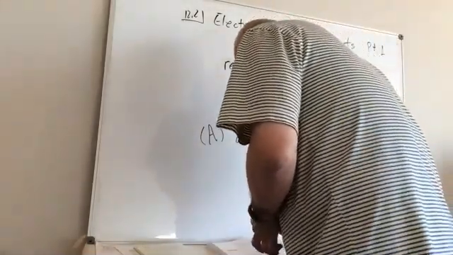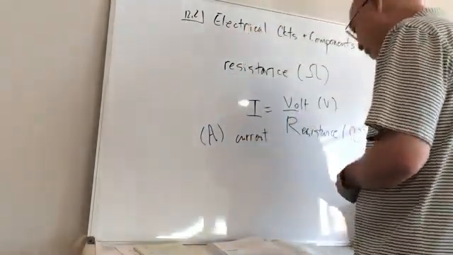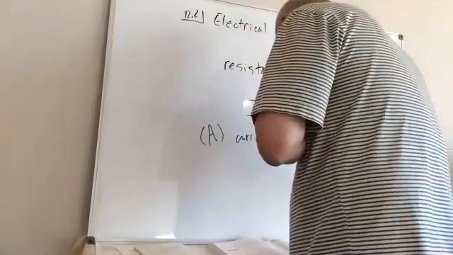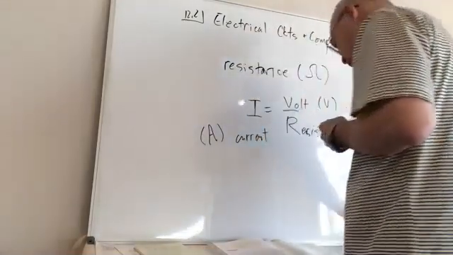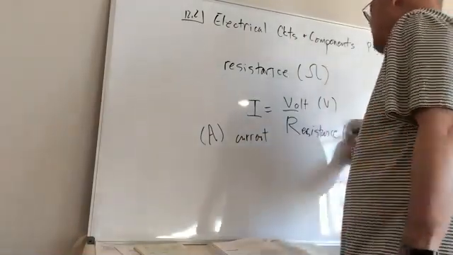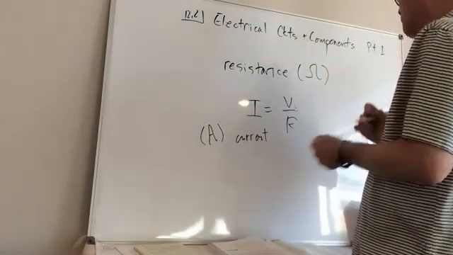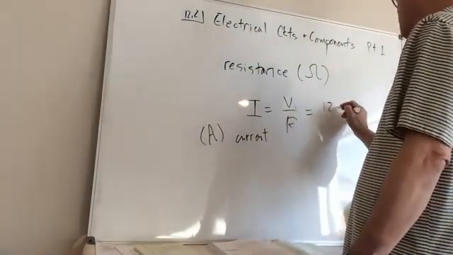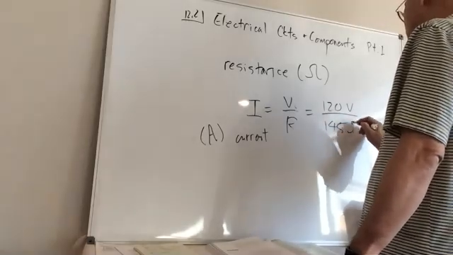So let's go ahead and look at that example there. Example: the electric resistance of a light bulb is 145 ohms. Determine the value of current flowing through the lamp when it is connected to a 120 volt source. So we're just going to plug it in here. We're going to have 120 volts divided by 145 ohms.